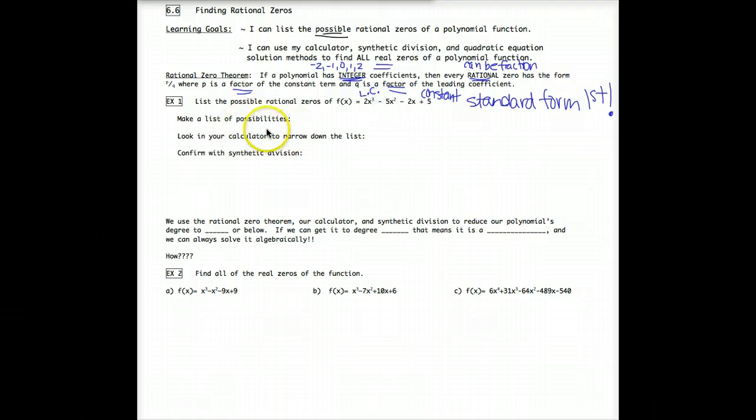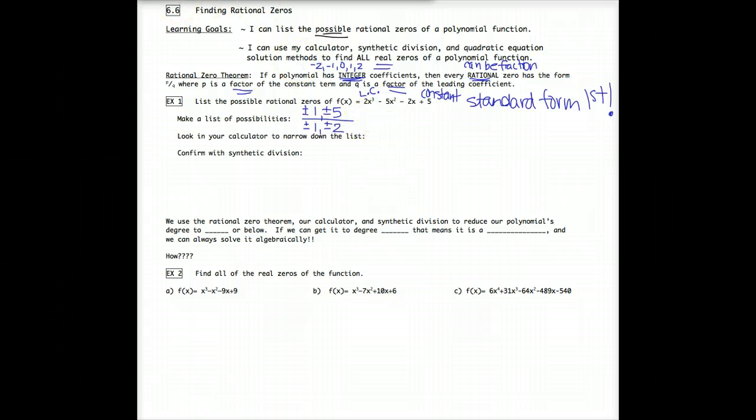So when I go to list the possibilities, I'm listing the factors of 5 as my numerator. The factors of 5 are positive and -1, positive and -5. Those are my possible numerators. My denominator possibilities are the factors of the leading coefficient, so positive and -1, positive and -2.